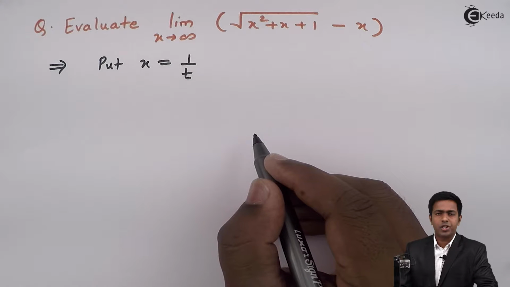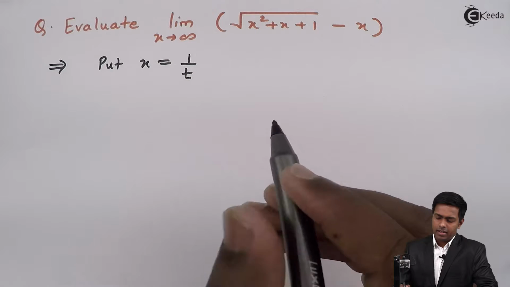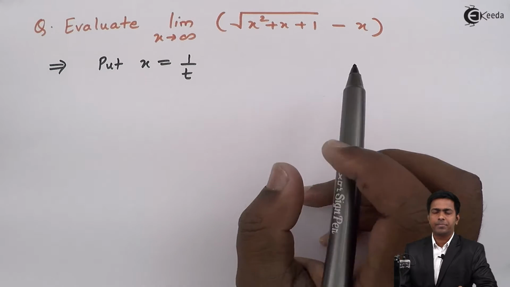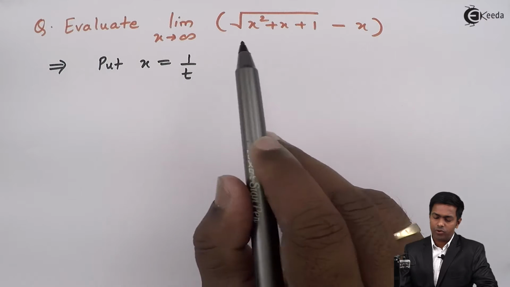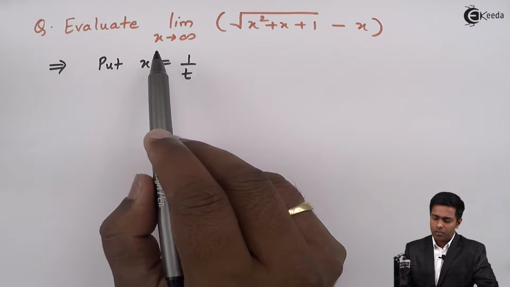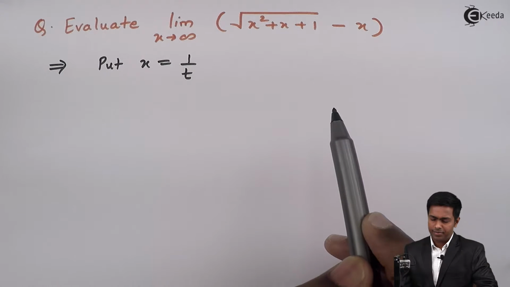I'll put x equals 1 upon t. Now when we substitute x equals 1 upon t, this whole problem will shift from the x domain to the t domain, and hence we need to find the limit for the t domain.